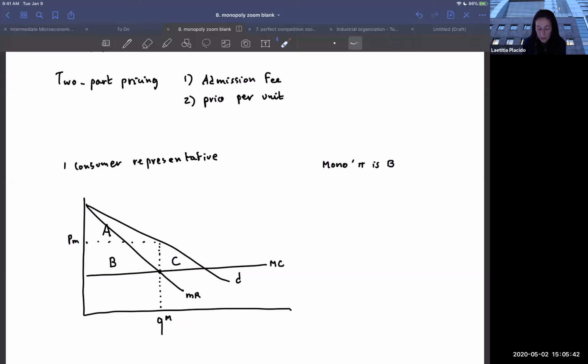That's the only way that the consumer is going to consume that quantity. So first thing, set the price per unit equal to the marginal cost. That's the second part of the tariff.